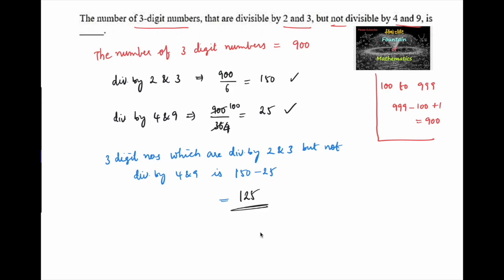So 125 numbers are there, 3-digit numbers which are divisible by 2 and 3 but not divisible by 4 and 9. So 125 is the answer.